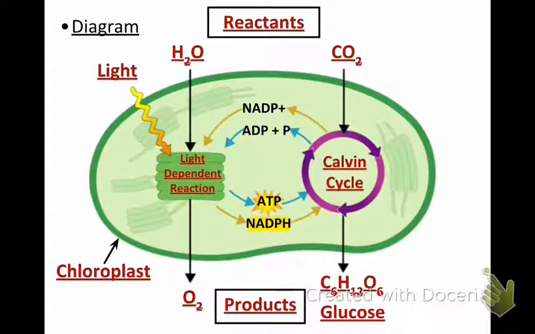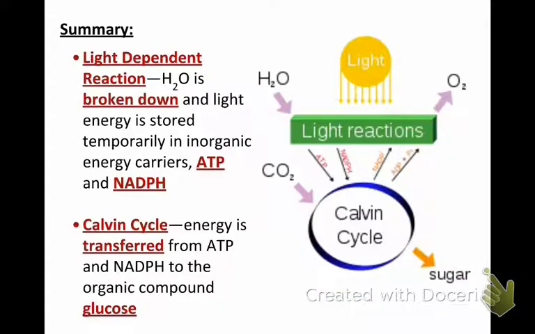All good? Okay. So in summary, this is like the slide you should read over and over again about photosynthesis, okay? The light-dependent reaction, which is step 1, is when water is broken down and light energy is stored temporarily as ATP.